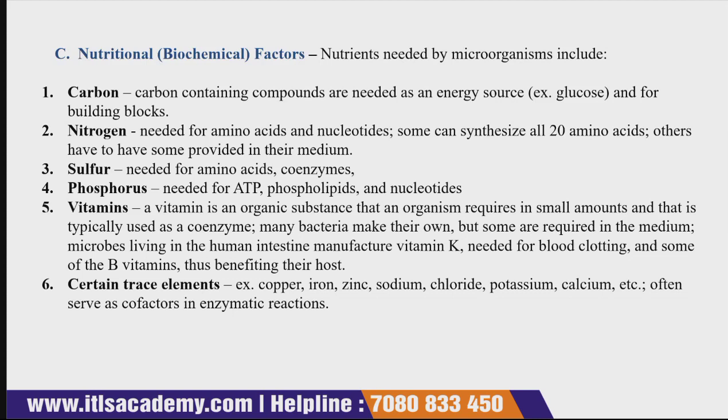phospholipids and nucleotides. Vitamin is an organic substance that an organism requires in a small amount, and it is typically used as a coenzyme. Many bacteria make their own, but some are required in the medium. Microbes living in the human intestine manufacture vitamin K needed for blood clotting and some of the B vitamins, thus benefiting their host.